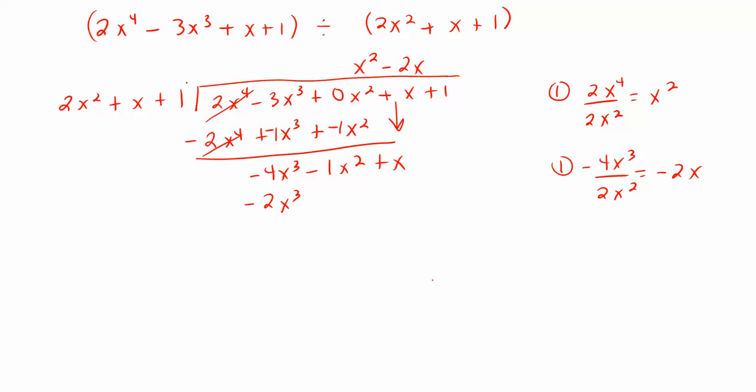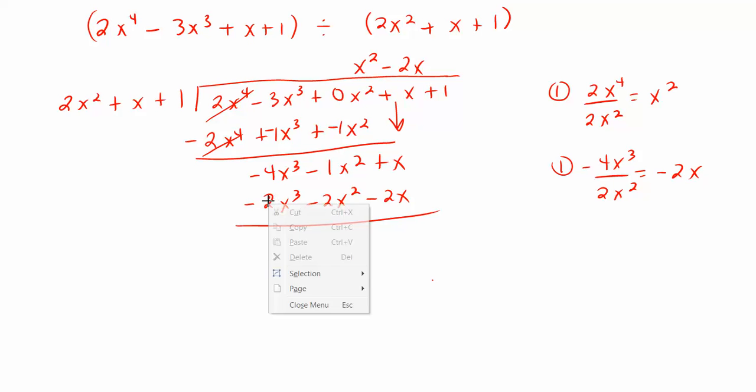Negative 2x times 1x is negative 2x squared. Negative 2x times 1 is negative 2x. And forgive me, that should be a negative 4x to the third there.